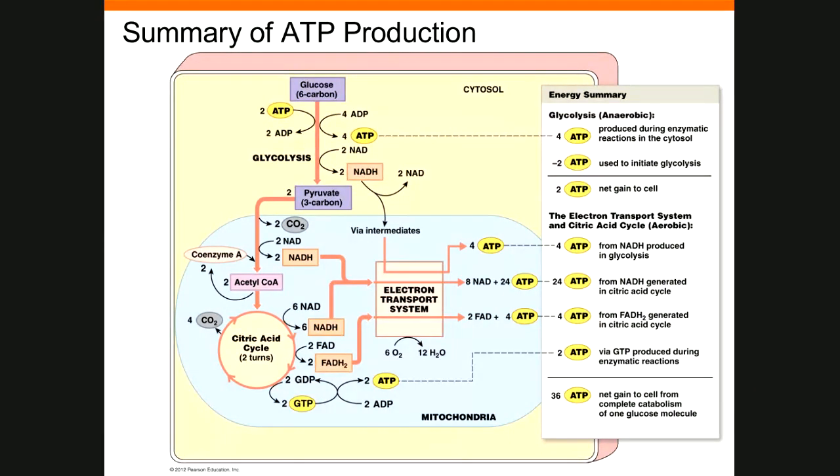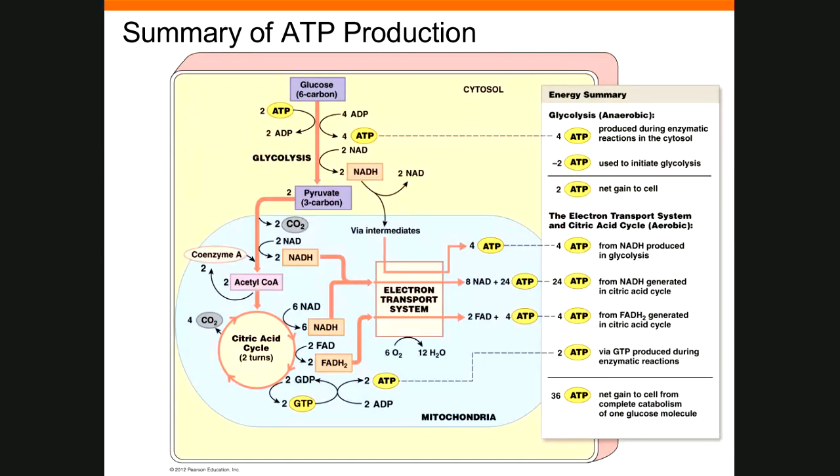When I go further, pyruvate will eventually become acetyl-CoA and push into the mitochondria, join the Krebs or the citric acid cycle. A little bit more ATP, a lot more NADH and FADH2. All of those NADH and FADH2 molecules finish through the electron transport chain. I net 36 total ATP molecules, 34 being from what happens in the mitochondria.